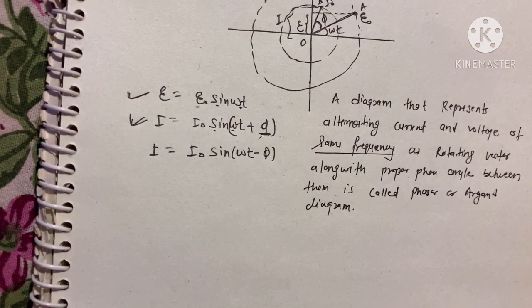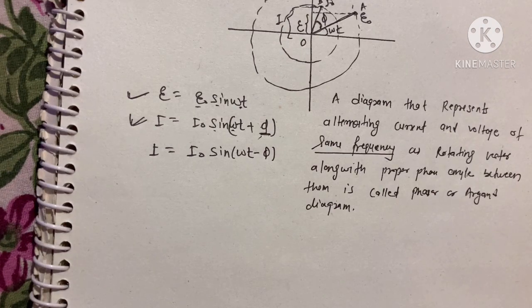So why is this important? Earlier people used DC current, but after the discovery of AC, researchers or scientists connected AC to a resistor, then to a capacitor, then to an inductor.